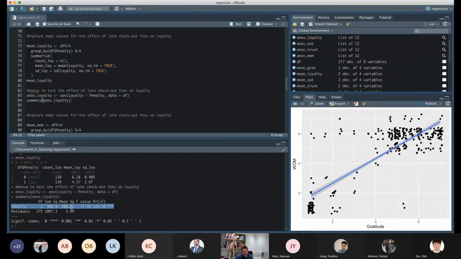And you look at the significance value first, and you see it's significant. So based on this, we know that penalties have a significant effect on loyalty. That basically means that this drop in loyalty from 6.28 to 4.17 is significant. So we know that customers who have to pay this fee are significantly less loyal than customers who didn't have to.